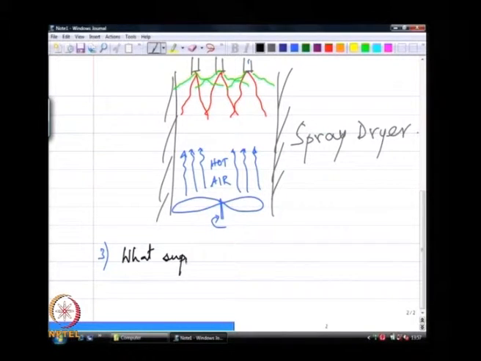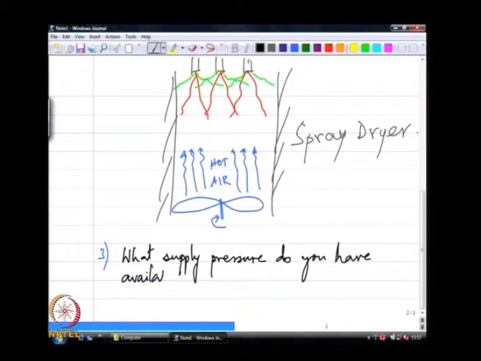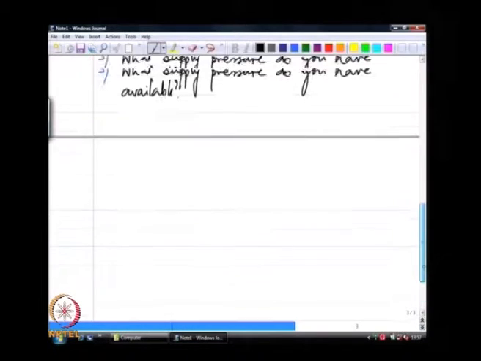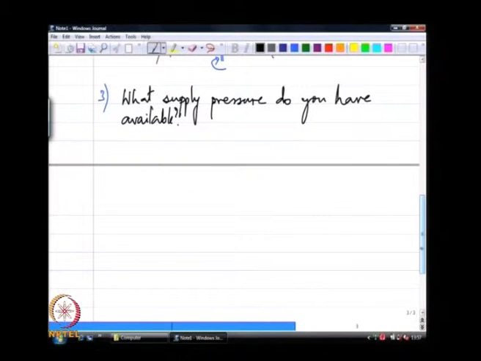What supply pressure do you have available? Okay, so that is going to determine something about the spray nozzle itself.